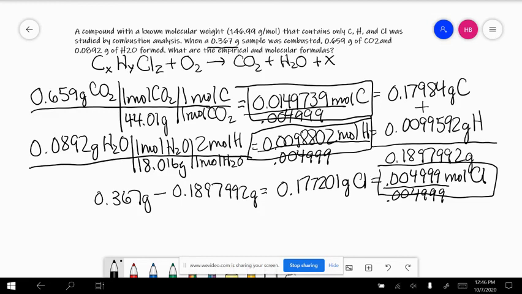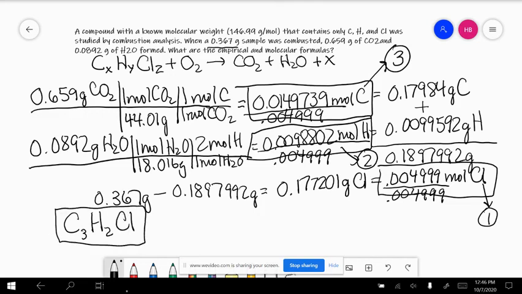And that's going to give me my subscripts. So here's a 3 for carbon, a 2 for hydrogen, and a 1 for chlorine. So my empirical formula is C3H2Cl. That's the answer for the empirical formula.